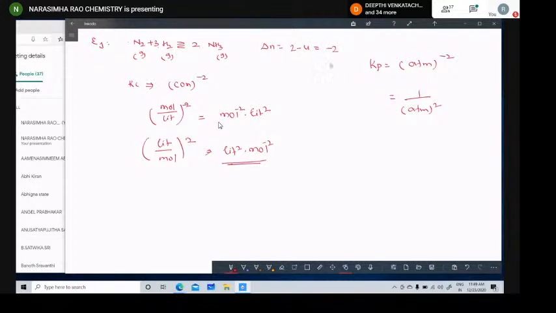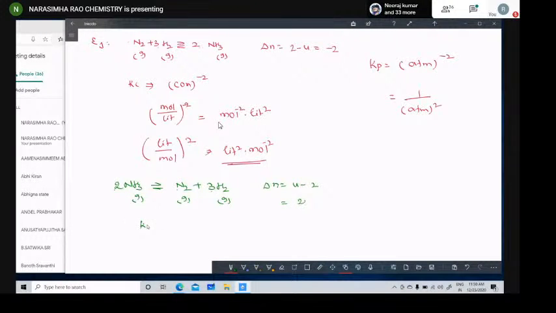Now, if delta n is positive, another example I am taking is decomposition of ammonia: 2NH3 is in equilibrium with N2 + 3H2. This is gaseous, this is also gaseous, this is also gaseous. For this equation, delta n is 3 plus 1, 4, minus 2, which is equal to 2.